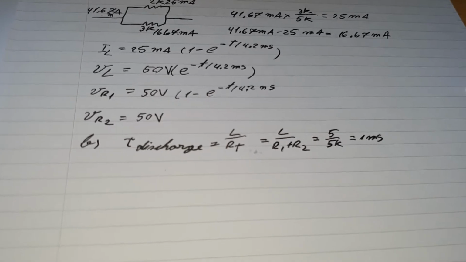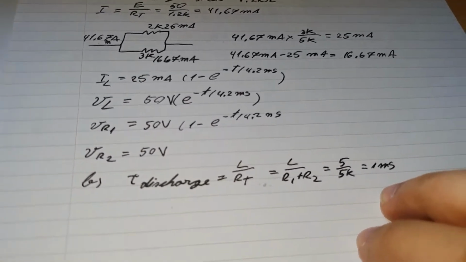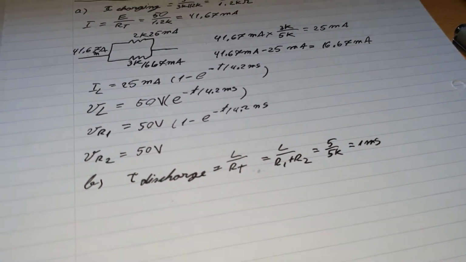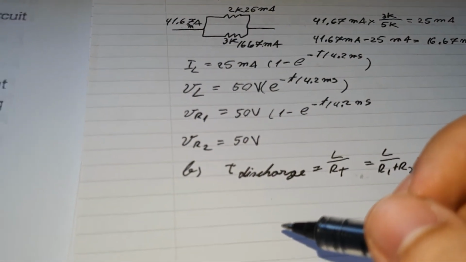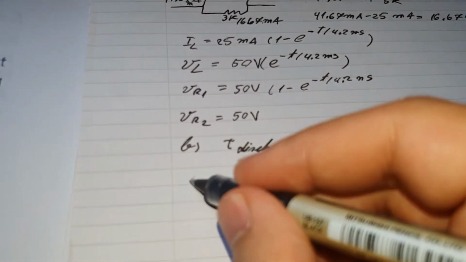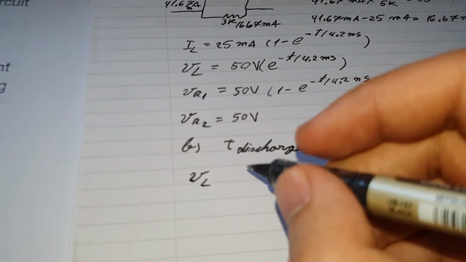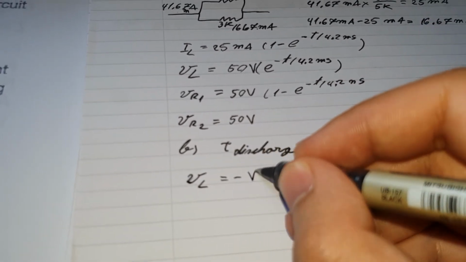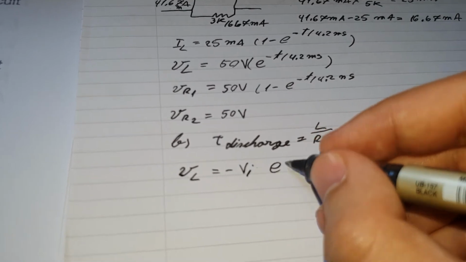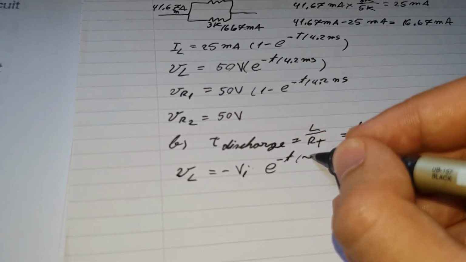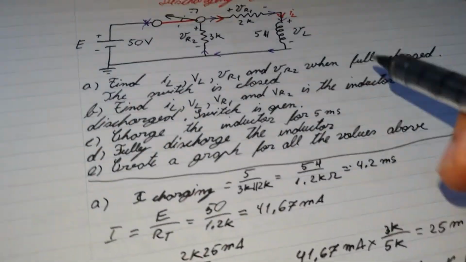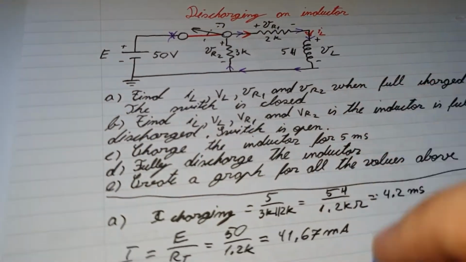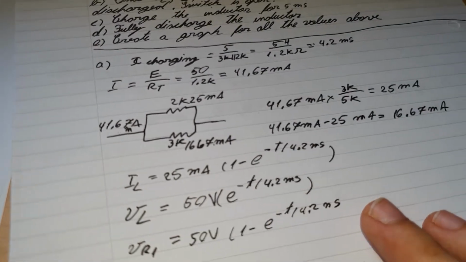All right, now after we calculate the discharge time constant for B, let's calculate the other components. So the voltage of the inductor will be equal to minus the initial voltage inside of it, Vi, e minus t divided by the time constant. Important to use the initial voltage, the voltage that's already stored inside the coil, inside the inductor.